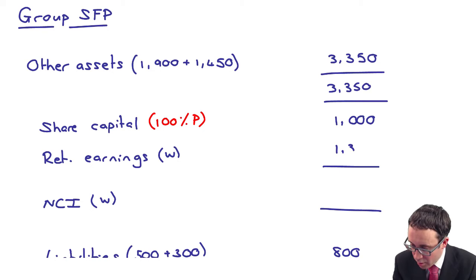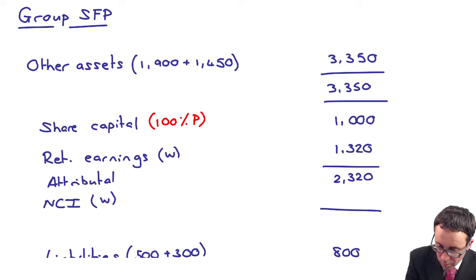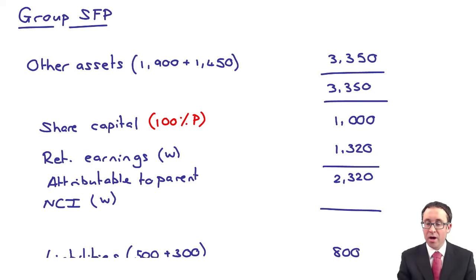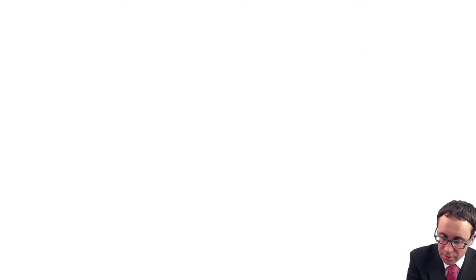Retained earnings 1320. If I total things up there, that gives me the amount of equity that is attributable to the parent, adding together the share capital and retained earnings. The non-controlling interest, you could cheat and work it out as a balancing figure, but let's not.